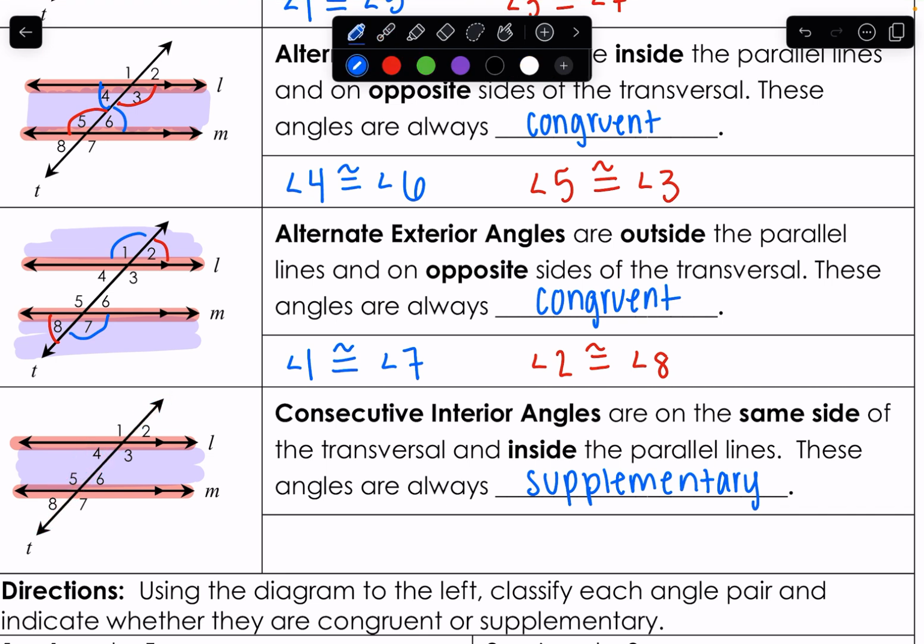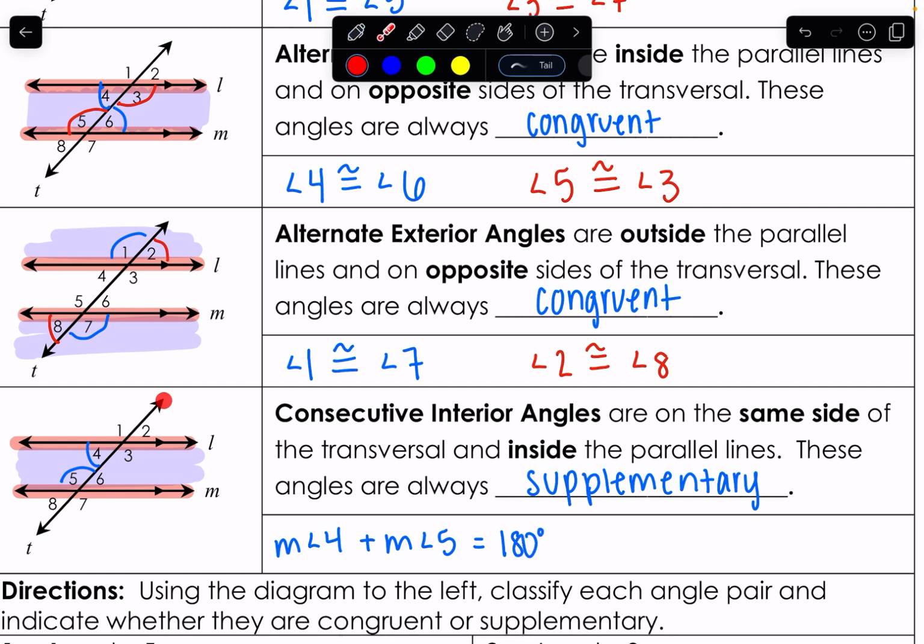They're on the same side. Because they're supplementary, we can't just use the congruency symbol here. We have to write the equation. The measure of angle 4 plus the measure of angle 5 is going to equal 180 degrees. Remember, that's what supplementary angles mean.